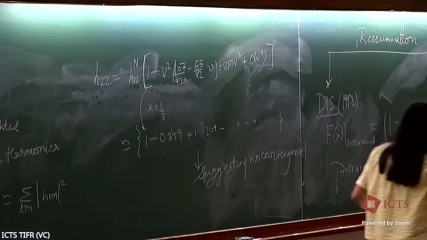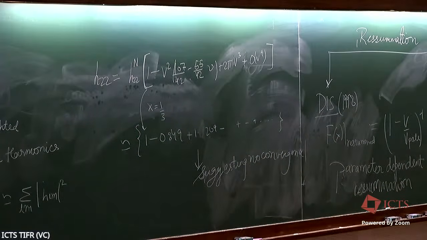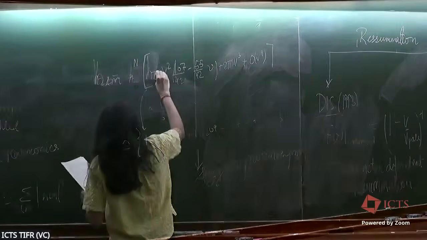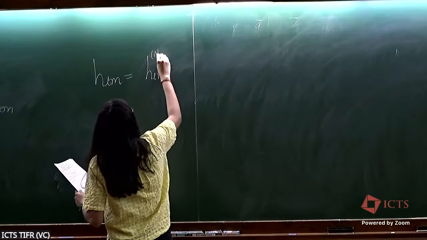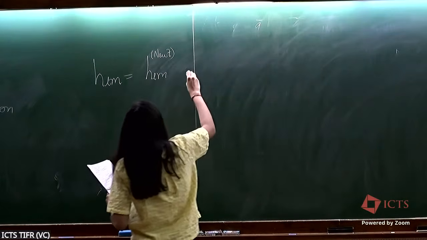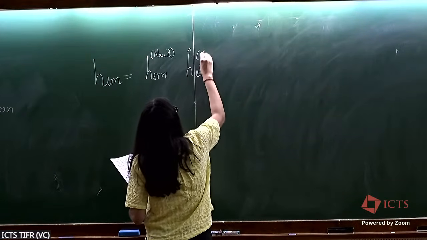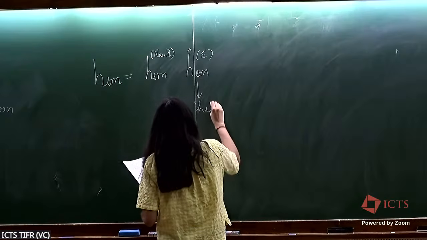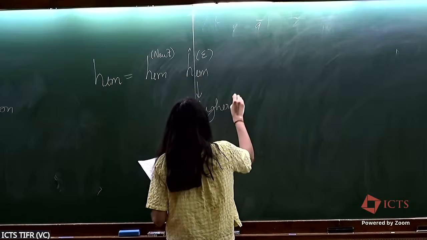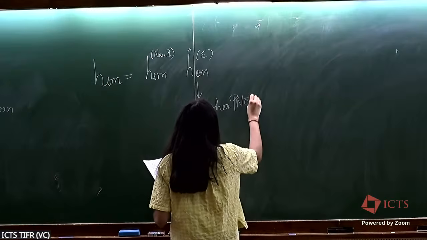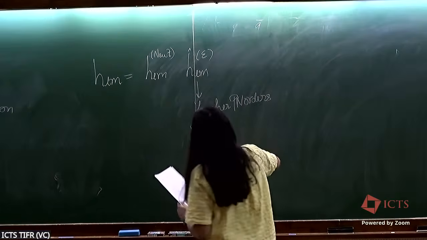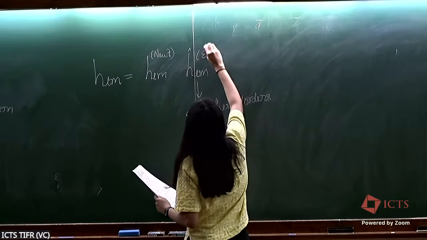So I'm writing this H22 or H_lm as this, times some factor which is coming from the higher post-Newtonian orders. I have this factor epsilon here as well.